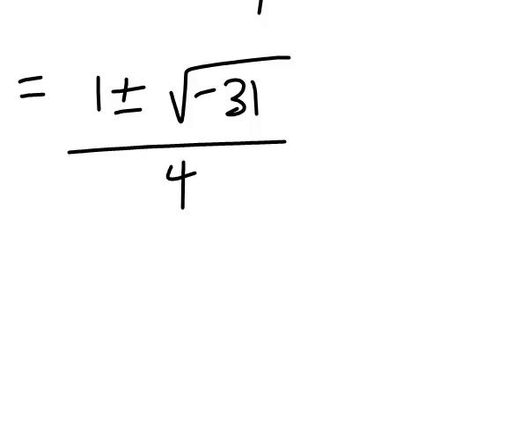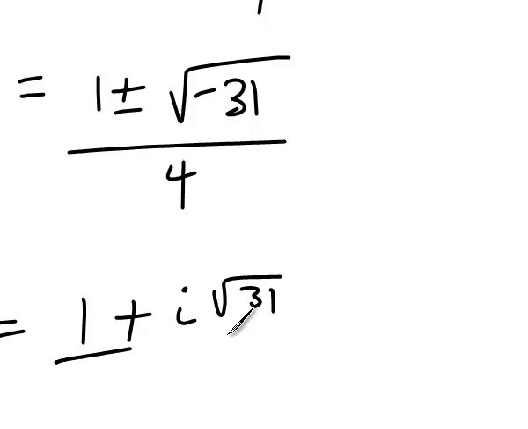So now what? Dylan? Okay. And how do we do that? Okay, so that'd be 1 plus i square root 31 over 4. And that's all you can do to that.